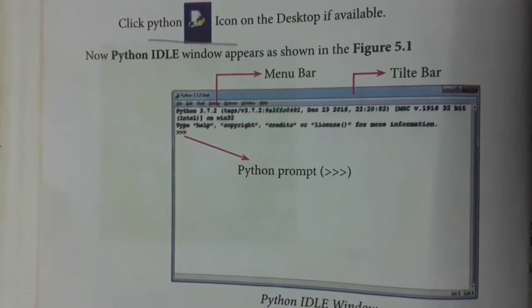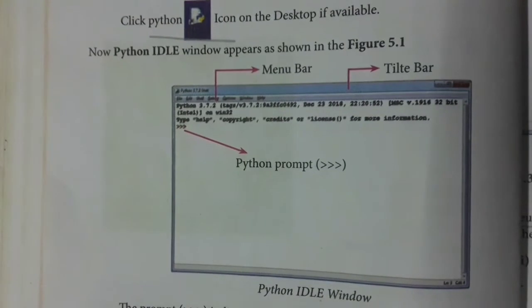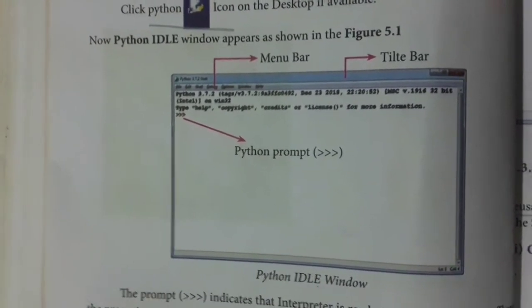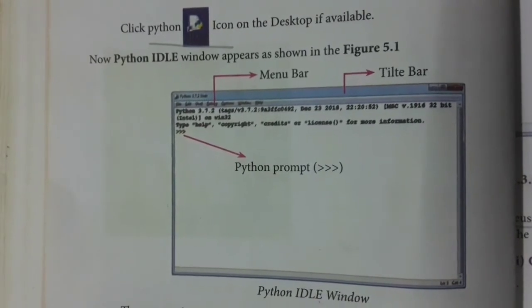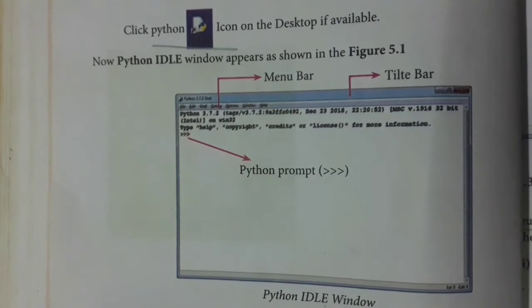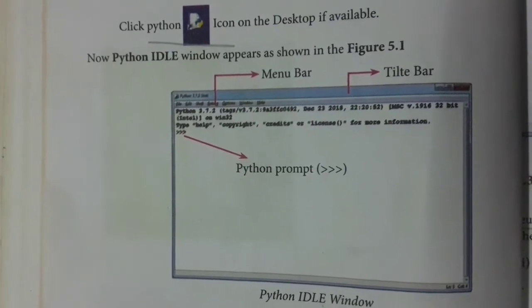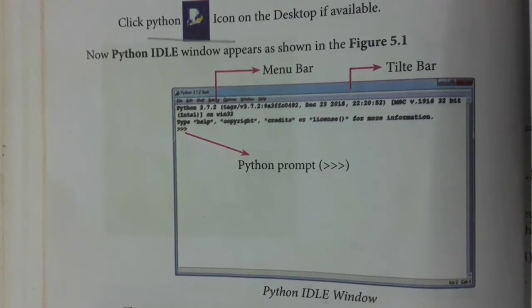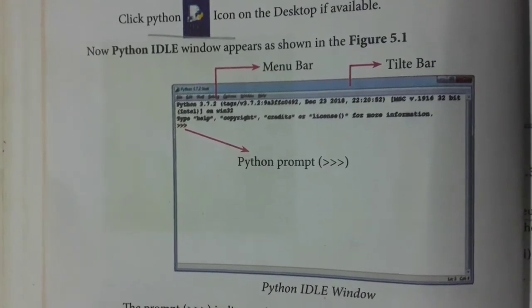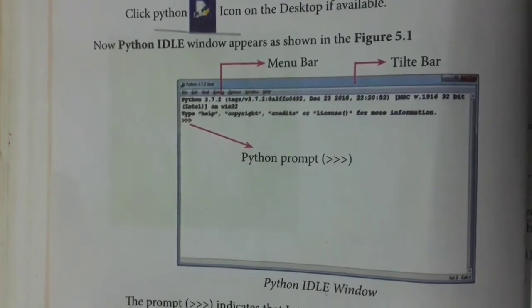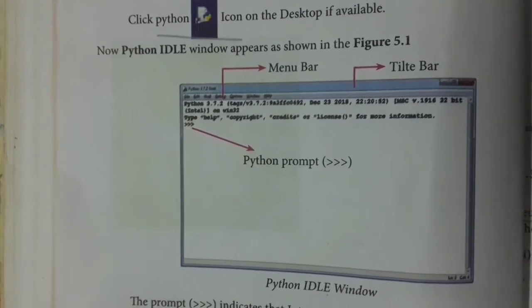So, we start with Python programming. First, we'll see how to use Python programming. We have two modes available, interactive mode and script mode. First, we will see interactive mode programming. To start interactive mode programming, click Start, All Programs, Python 3.x, IDLE Python 3.x.